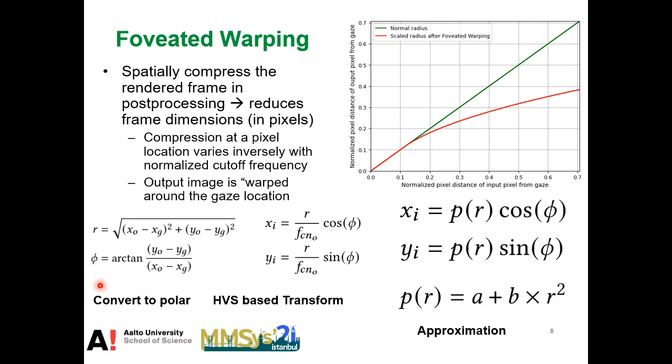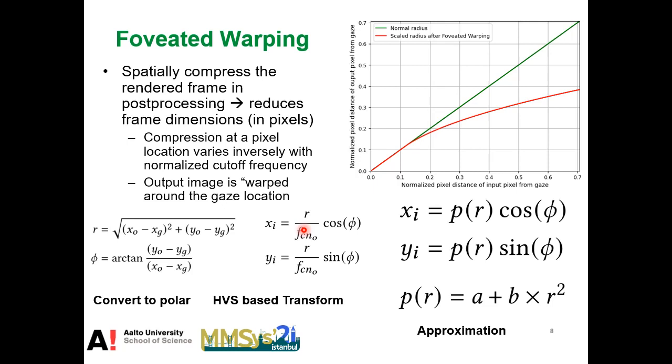To get a pixel at a location XO, YO, we first transform the location into polar coordinates. Here, we then scale the R with the cutoff frequency at XO, YO, which then can be used to find the input pixel at XI, YI to be mapped to XO, YO.